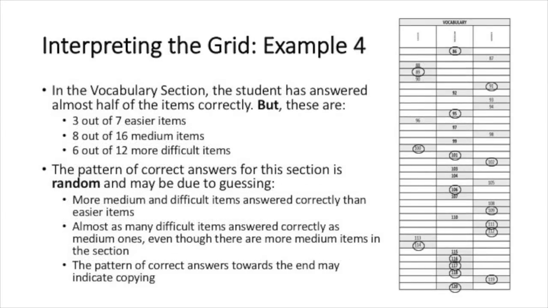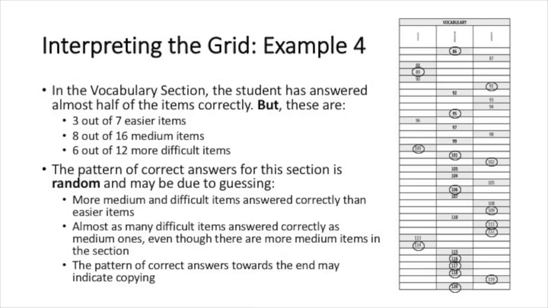Example 4 shows that in the vocabulary section, the student has answered almost half of the items correctly. But we must be careful here because it does not depend only on the number of correct answers. These items are 3 out of 7 easier items, 8 out of 16 medium items, 6 out of 12 more difficult items.